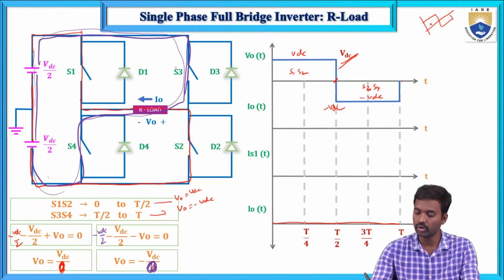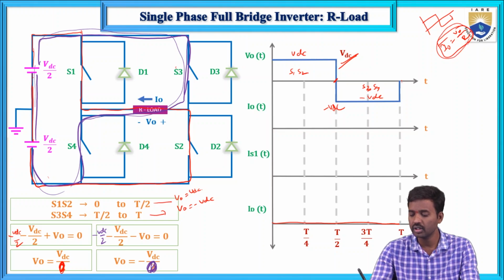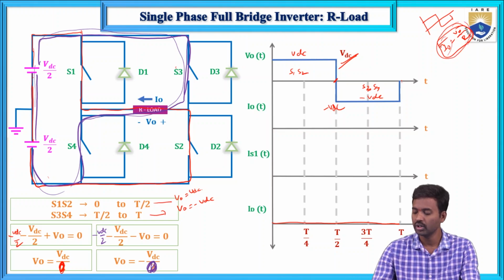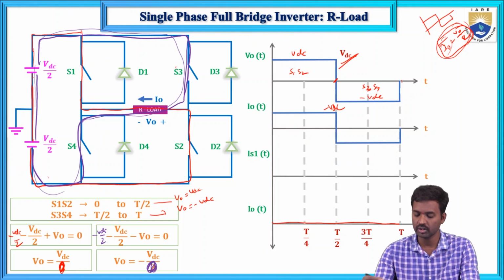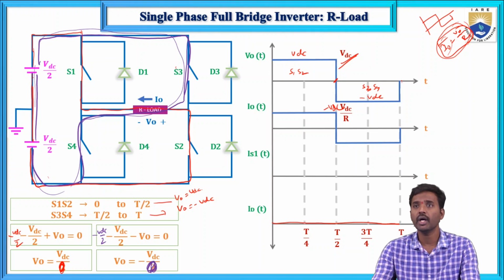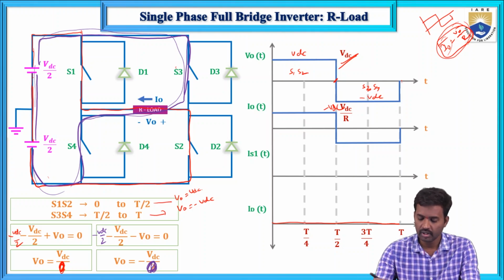So now I0 equals V0 by R. Here we are dividing the output voltage by R, so the output current is VDC by R. This is the V0.